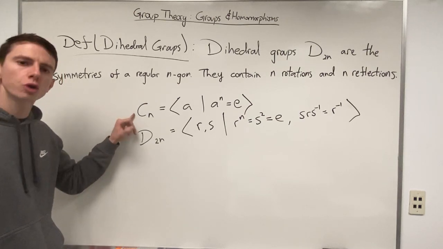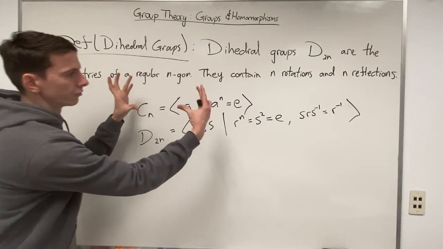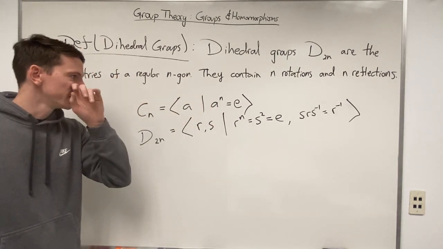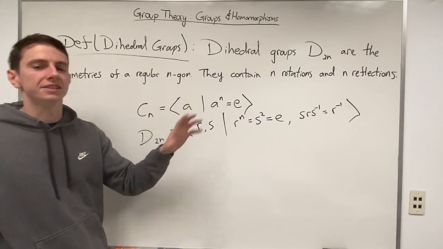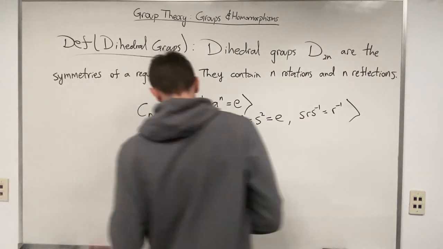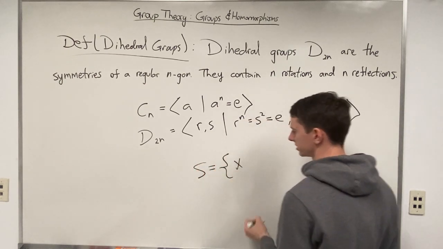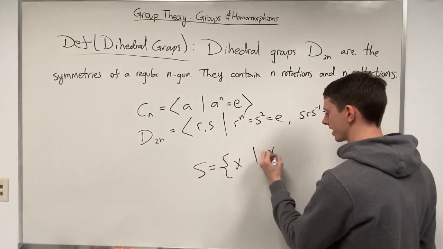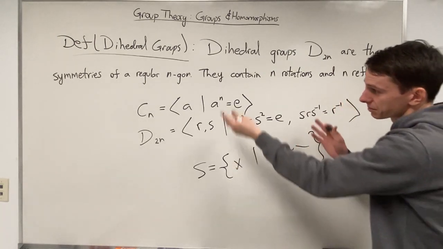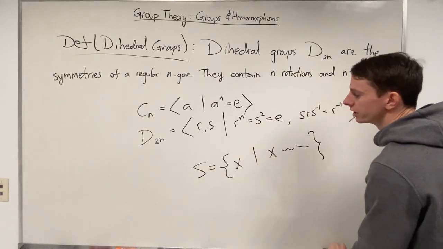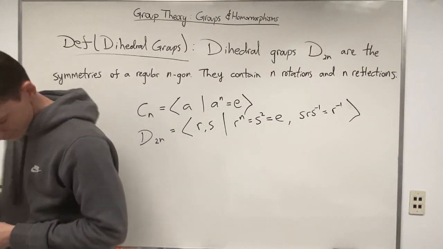Let's start with C sub n. C sub n is going to be a set of brackets, and the brackets denote that it's a group. This is kind of like set notation, where if we had a set S, it's going to be the set of some elements x such that x satisfies some condition. It's the same thing right here, except now we're using brackets to denote that we're working with a group rather than just an arbitrary set.